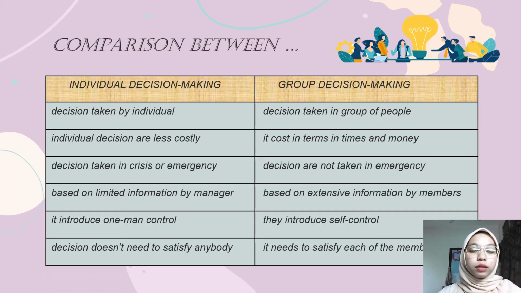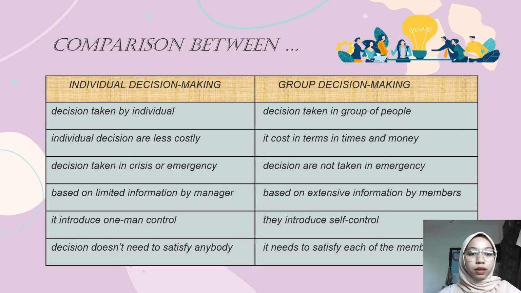Next, the comparison between individual decision making and group decision making. Individual decision making, decision taken by an individual, while group decision making, decision taken in a group of people. Second, individual decisions are less costly. It costs in time and money. Individual decision making, decision taken in crisis or emergency. Group decision making, decisions are not taken in emergency.